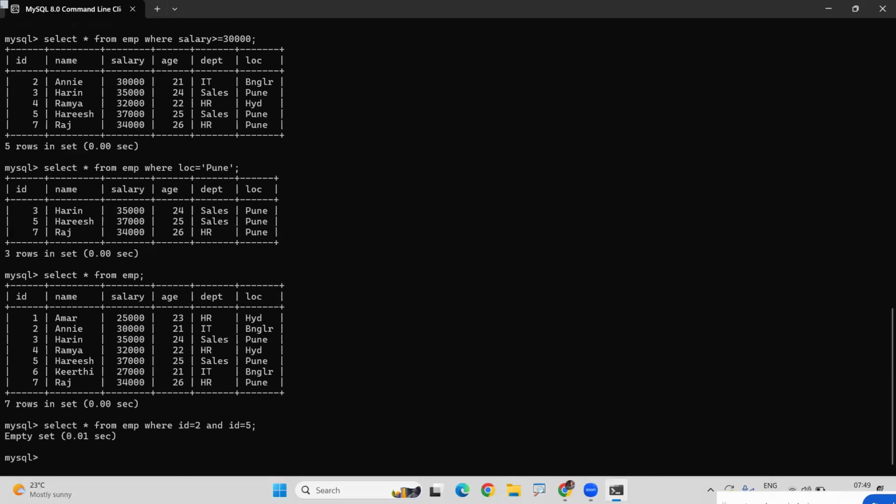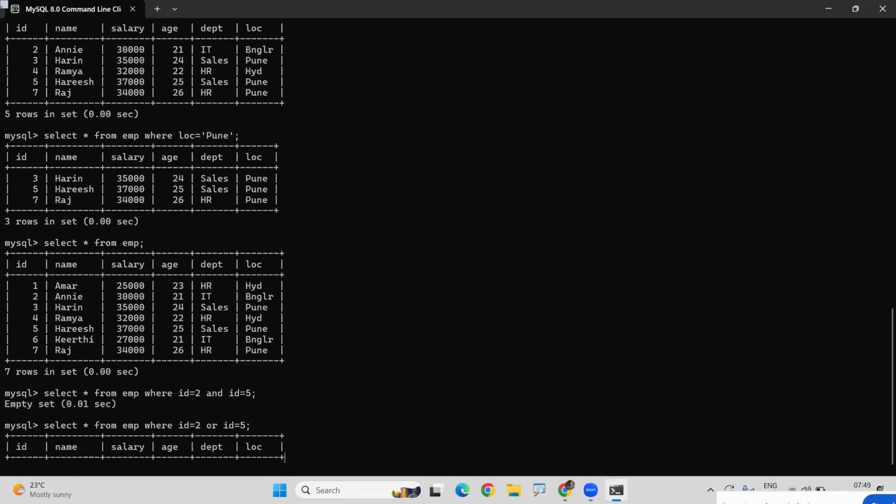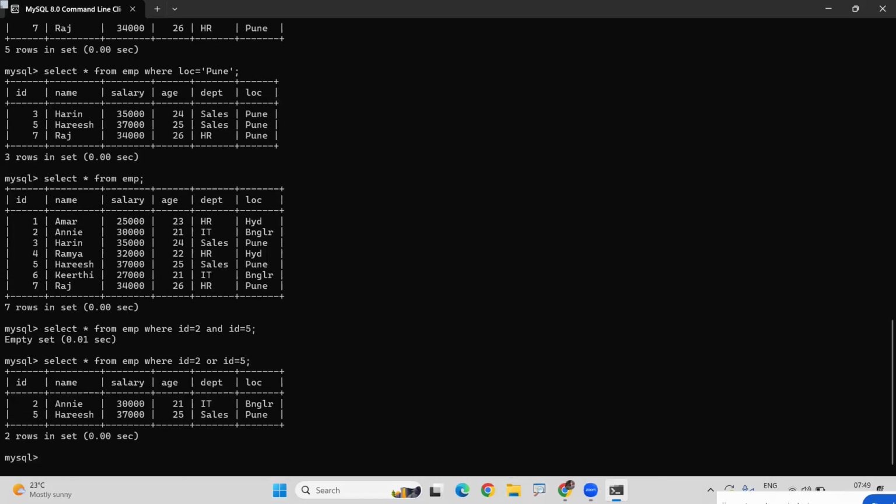And operation means what? Both the conditions should be valid. How can it validate at a time? We use or, even in programming languages also. Or ID equals to 2, second record, or ID equals to 5, fifth record, will give.